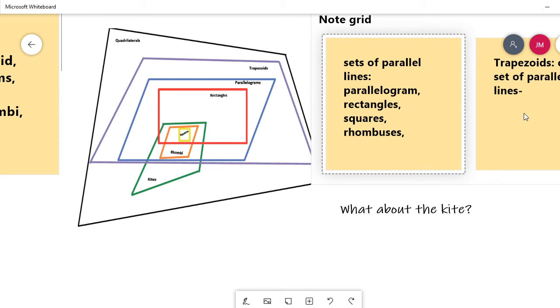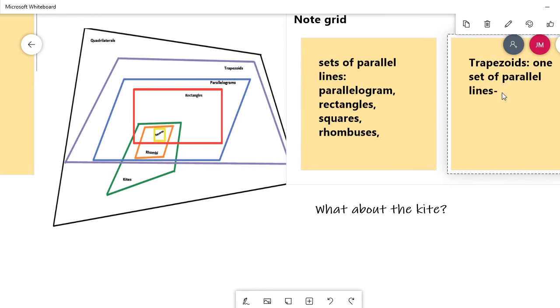Okay, now let's see which one of these can be a trapezoid. Trapezoid has one set of parallel lines, so let's see. So the parallelogram has two, so a trapezoid can be a parallelogram itself. What about a rectangle? The rectangle has two sets of parallel lines. So to be a trapezoid, you only need one. So rectangles will be also trapezoids.